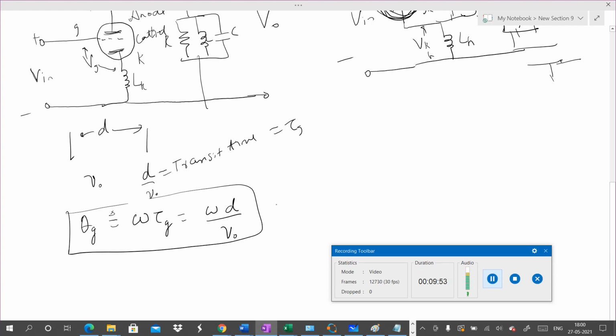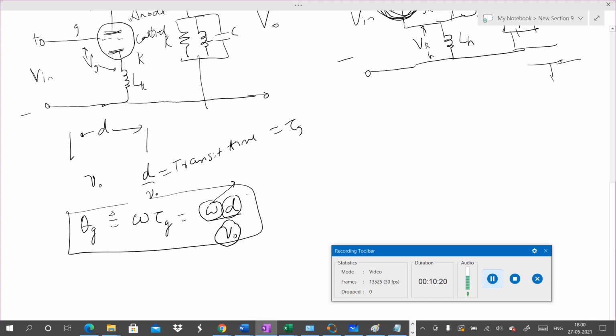At lower frequencies, this angle is negligible, because this velocity is very high, 3 × 10⁸ meters per second, and this distance is small. So even at some 100 megahertz, the ratio is small.